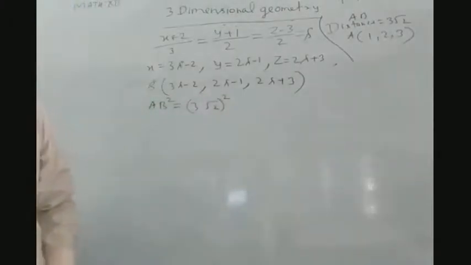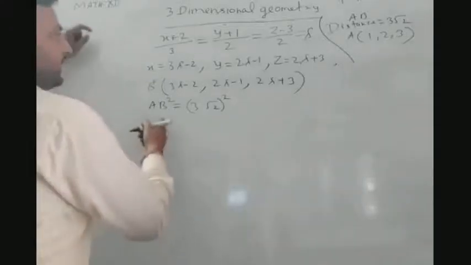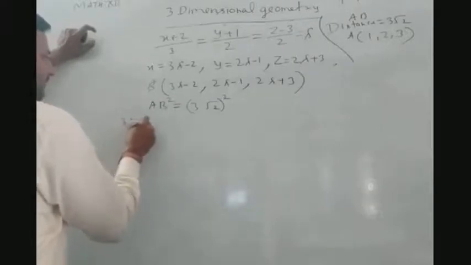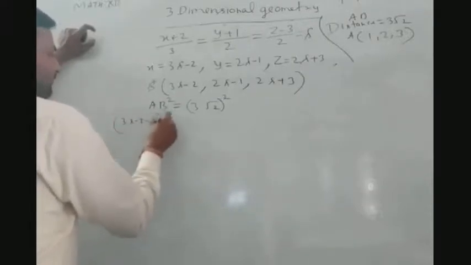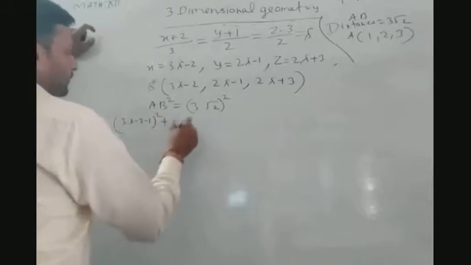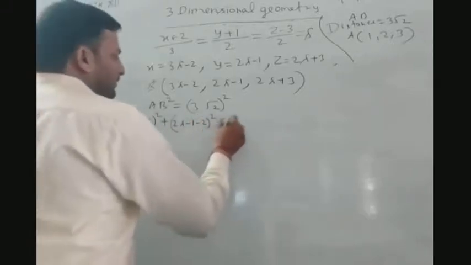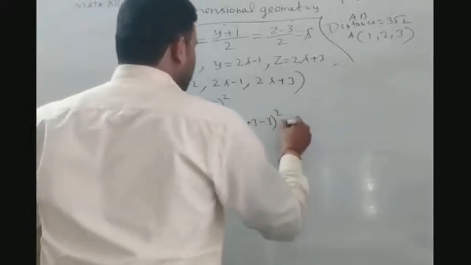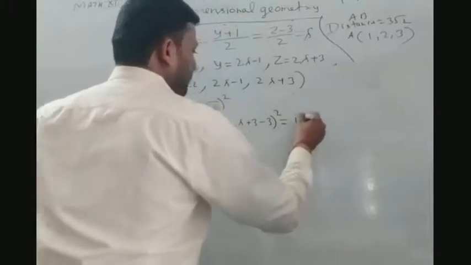Now AB square is (3 lambda - 2 - 1) whole square plus (2 lambda - 1 - 2) whole square plus (2 lambda + 3 - 3) whole square, is equal to 9 times 2, that is 18.